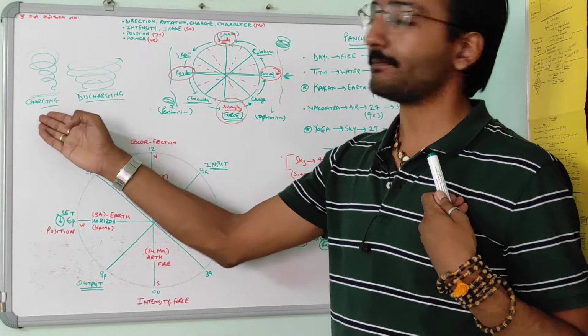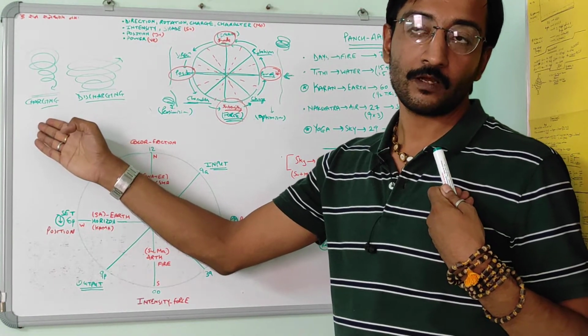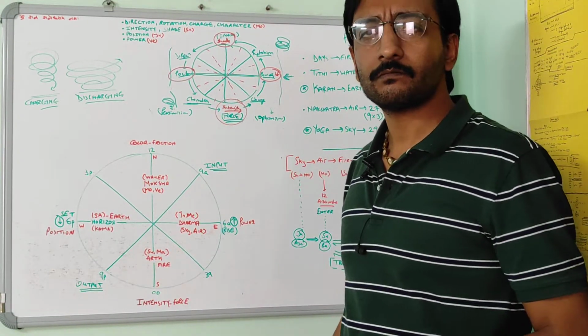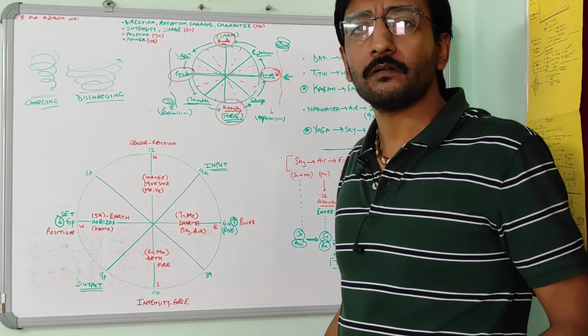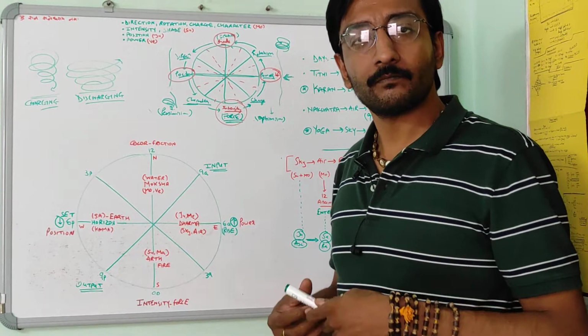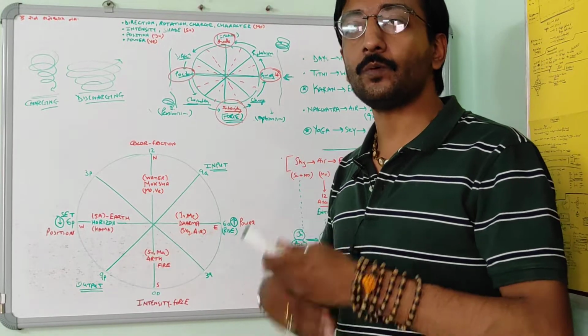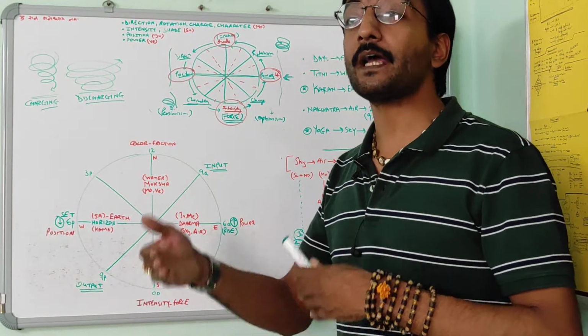When I am charging, when I am learning, do I give any fruit? Do I give any output? Not at all. I am taking the input. When do I give the output? I give the output when I am satisfied with what I have taken.